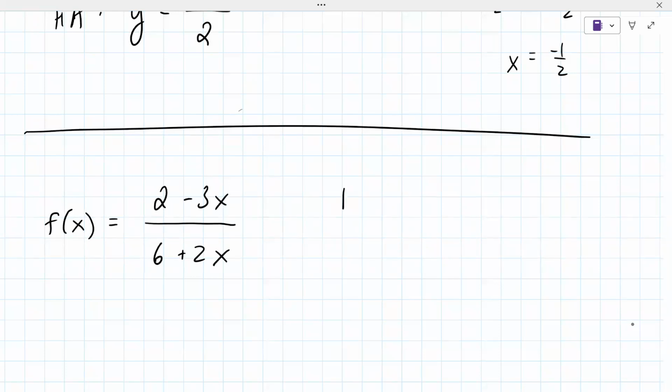All right, so I want you to find the vertical asymptote, please. Okay.